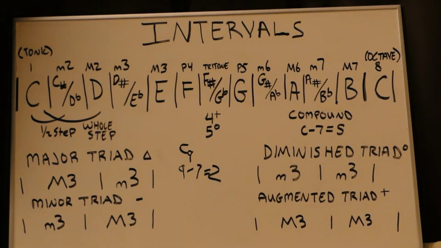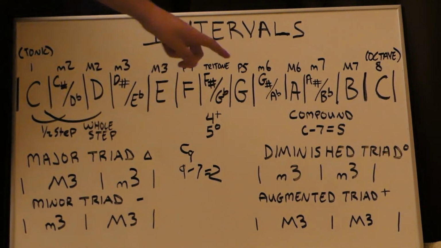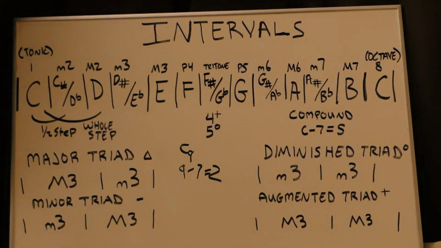And lastly, we'll end the lesson discussing an augmented triad, which is denoted by that addition sign or plus sign, and a diminished triad is denoted by that small circle. So an augmented triad is 2 consecutive major thirds.